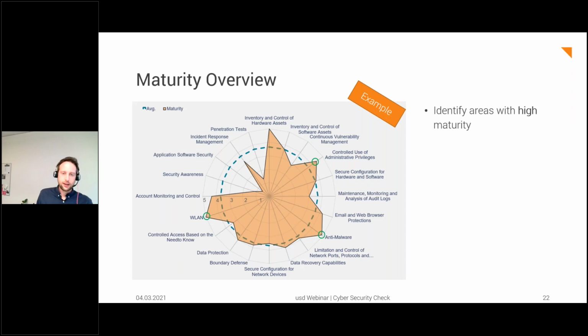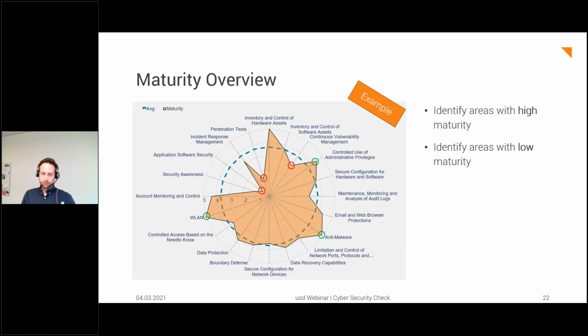So we could really identify what has a high maturity, what is good, but we can also identify areas with low maturity. In that case here, we would take a look at software security and penetration testing and vulnerability management. So here we know we probably need to do our homework better, and we need to address these to increase our maturity in these areas.